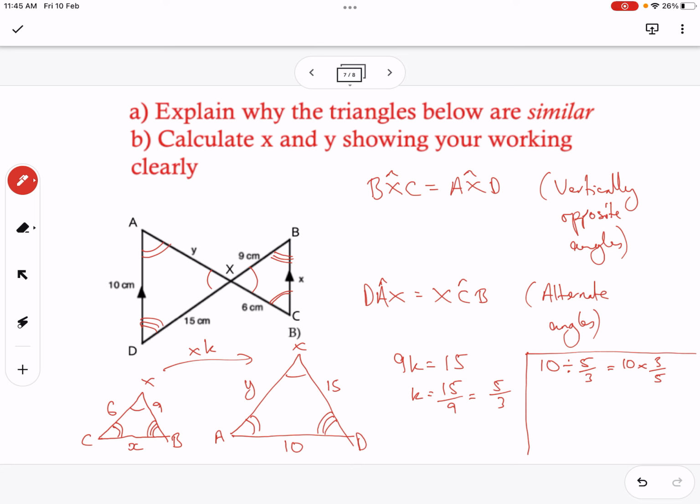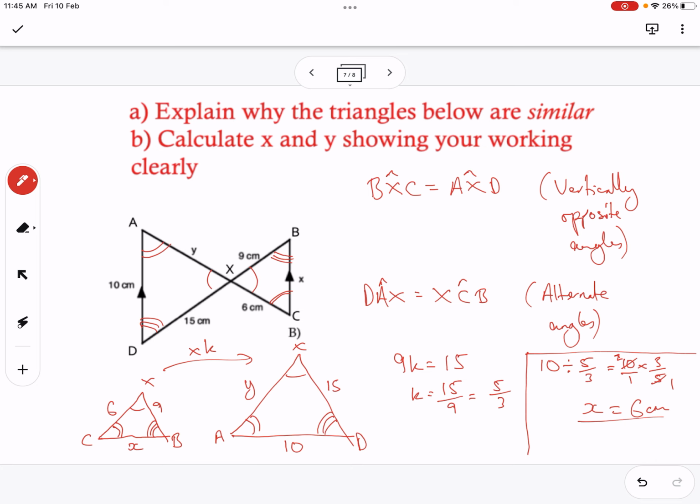We turn the divide into a times and turn the second fraction upside down when we want to multiply fractions. So 10/5, that can cancel. That's a 2 and a 1. So what am I left with? 6/1, which is just 6. So the answer is that x is equal to 6, and we do have some units there, centimetres.